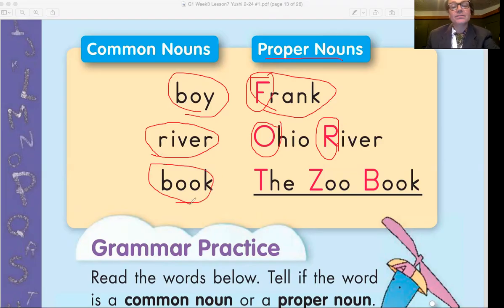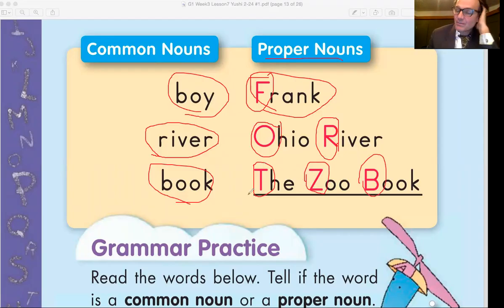How about this one? I love a good book, a book. But what about a certain book, a proper noun, the name of a book, the Zoo Book? Oh, there's a book called the Zoo Book, and we have to capitalize that because it is then the specific name of the book, the Zoo Book. Proper nouns. So do you understand that?